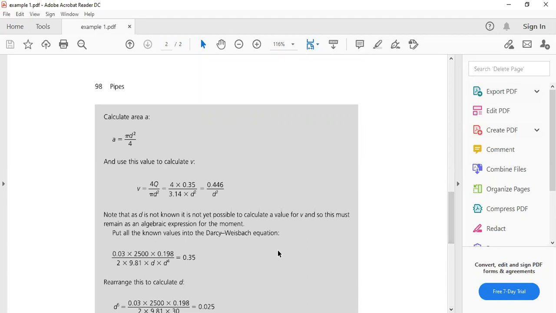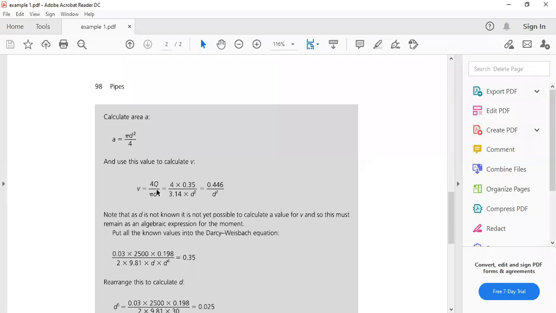So from the formula where we said discharge is equal to velocity times area, we can now replace, where there was area, we replace it with this value. And when we do that, you're going to find that your velocity will be equal to 4 times the discharge divided by pi, the diameter squared.